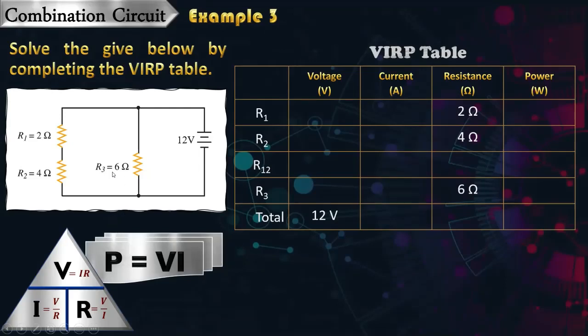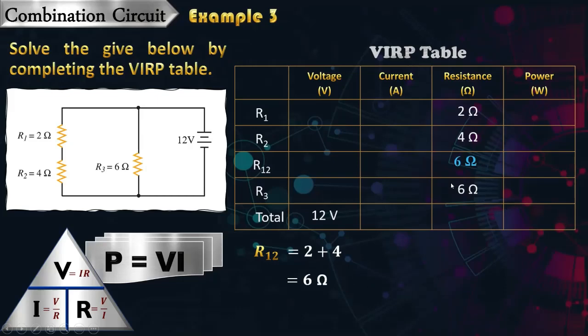And after that, we will make our given into a simpler one, either in series or in parallel. Now, based on the given, R1 and R2 are in series, so we get their equivalent resistance: just simply add, 2 plus 4, 6 ohms.